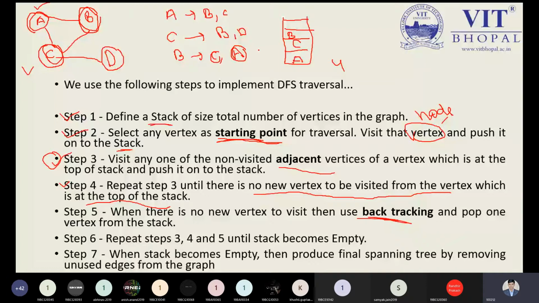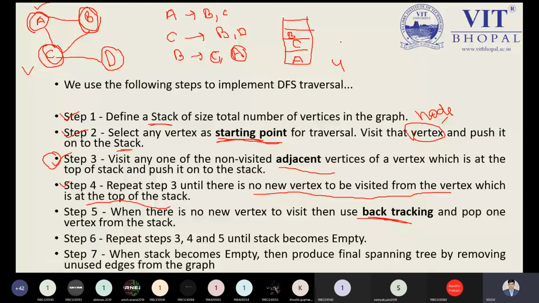Okay, so what happened at that time? After visiting B, I need to apply backtracking, because C and A are already visited and traversed, and other than A and C, no more nodes or vertices are connected to B. So I need to apply backtracking.